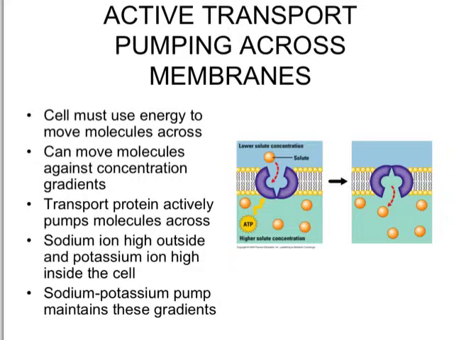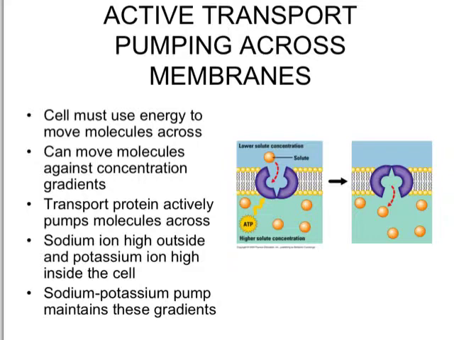In active transport, the cells must use energy in order to move the molecules. And it's kind of cool here, if the cells are using energy and they're putting forth effort, they can move molecules against the concentration gradients. So diffusion always moved with the concentration gradients from high concentration to low concentration.